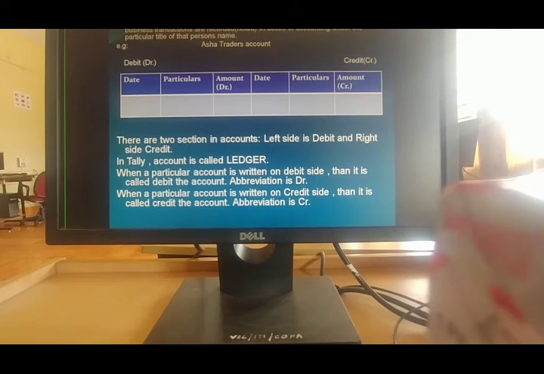This debit and credit is mostly used in the three golden rules of accounting, which say what is getting debited and what is getting credited. You will learn it from the three golden rules of accounting.